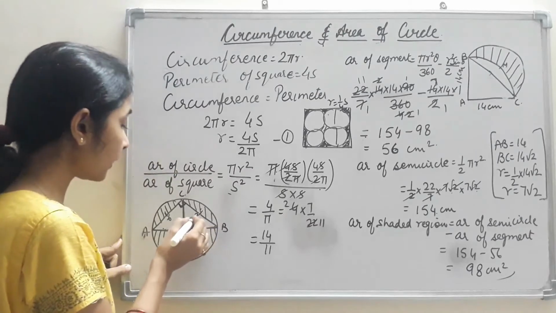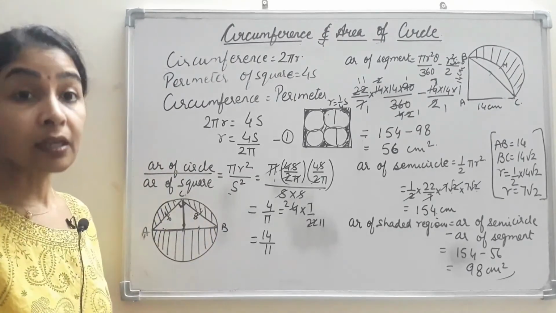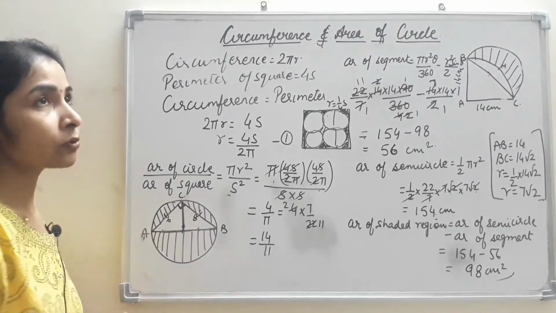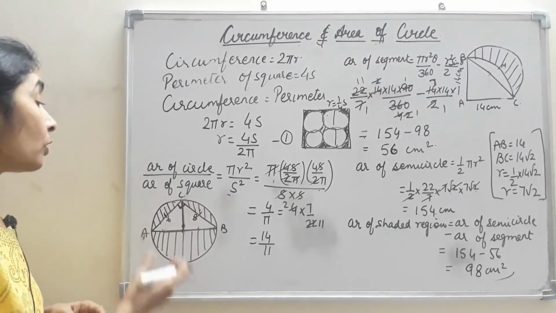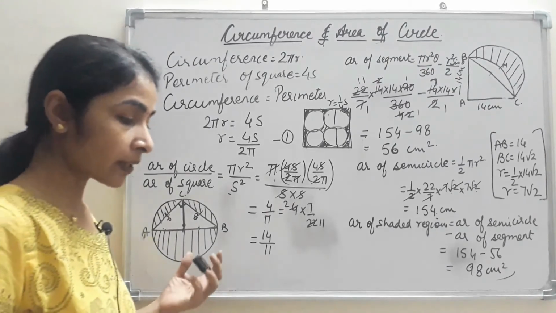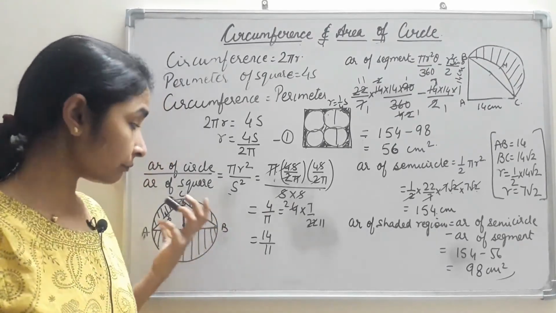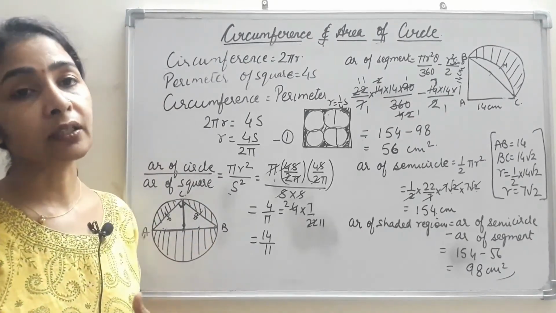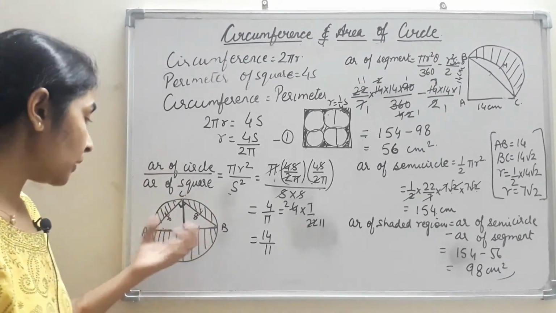If we are given like this, then it is very easy. Half base into height, that means half into 6 into 8, that means 6 4s are 24. 24 centimeter square is the area of the triangle, and you can find the area of the circle, and with that we can find the area of the shaded region.